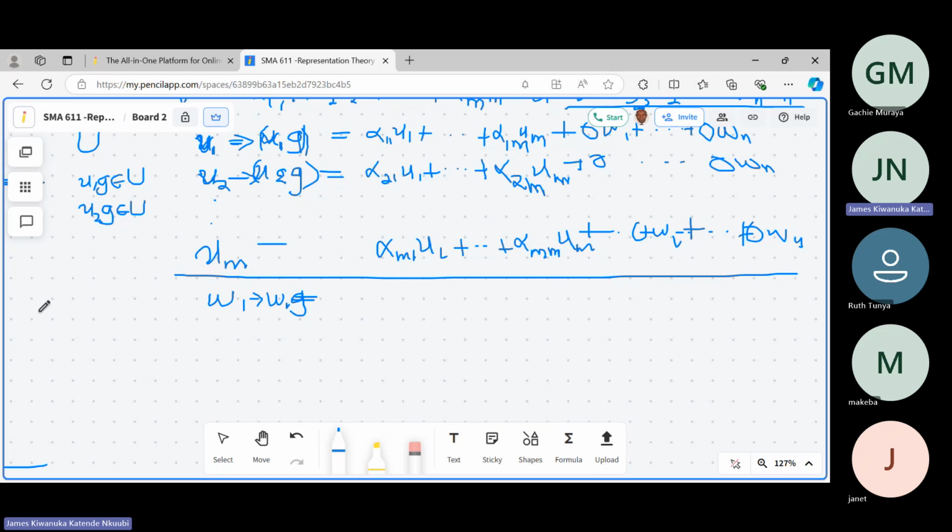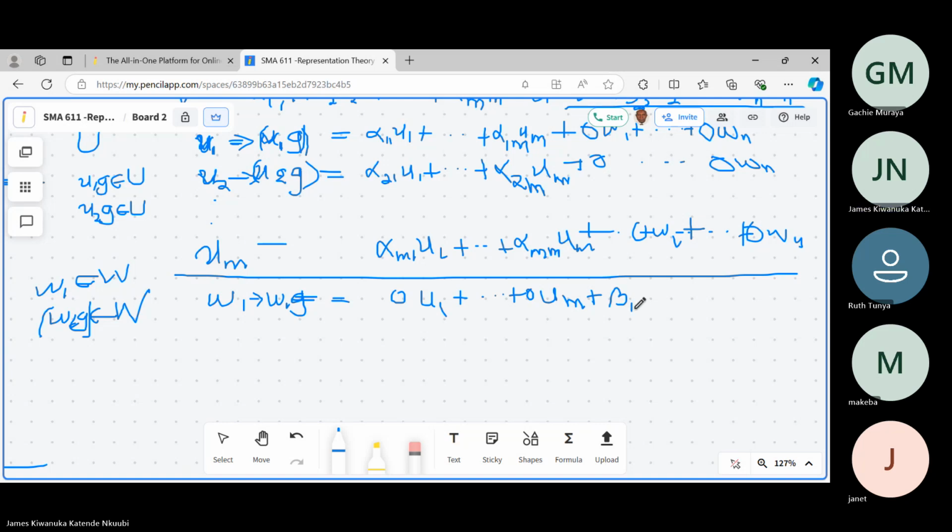But remember, W1 is from our vector space W, and W is an FG submodule, so W1G cannot go outside W, which means this is a vector in W, and therefore you only need the basis elements from W to write the linear combination, which forces all these others from U to have 0 coefficients, up to UM.